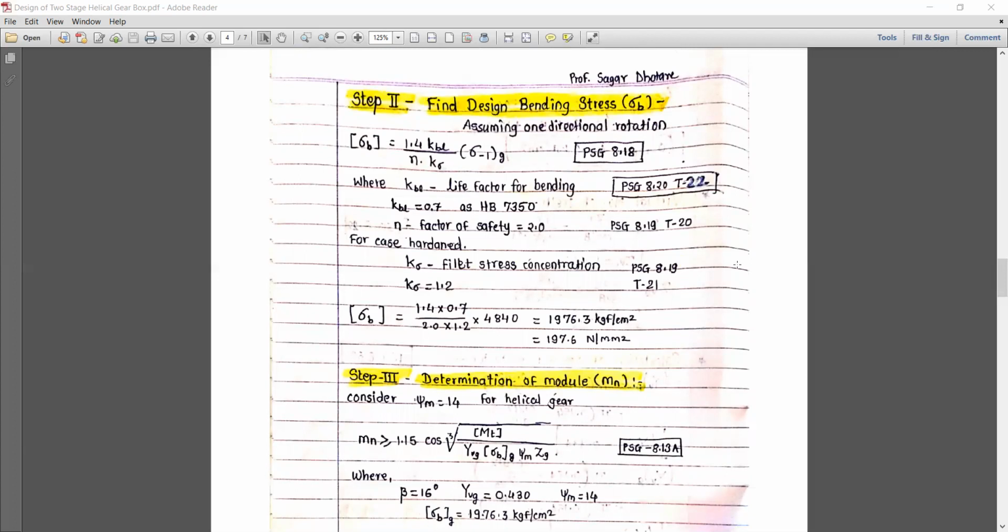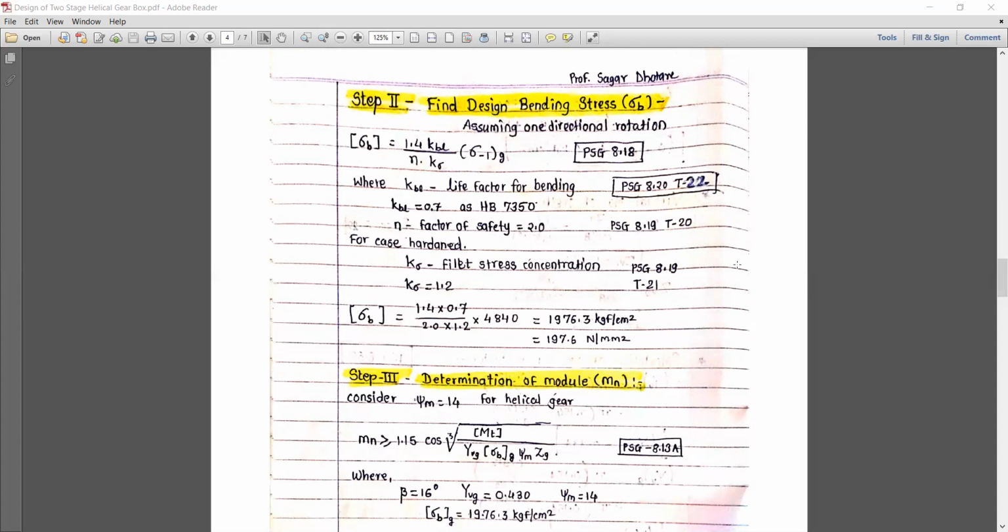As we have already seen how we can find these unknown parameters, KBL, that is the life factor for bending, we can find from page number 8.20, table number 22. KBL is equal to 0.7, as the hardness is lesser than 350.